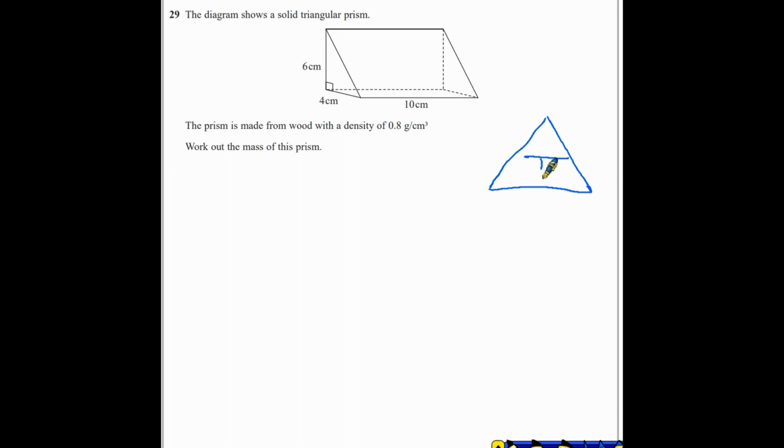This time the letters are mass, density and volume. So we are working out the mass. We need the mass. In order to do that then, we need density multiplied by the volume. We know the density, therefore our first job is to work out the volume.